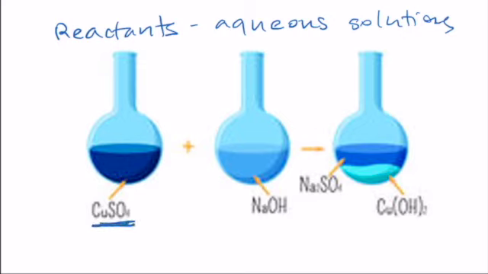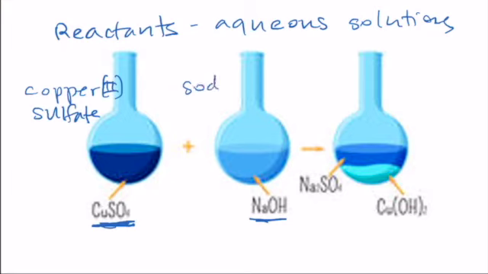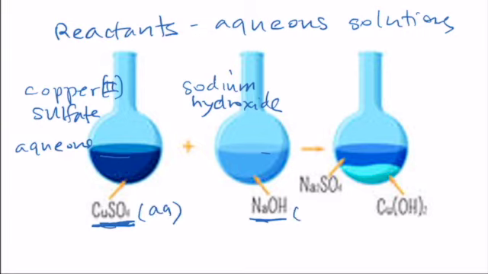That's copper sulfate, or copper(II) sulfate actually, as the chemical name, and this is NaOH, so this is sodium hydroxide. And both of these are dissolved. You can see that even though it's bluish, there's no solid in there. So these are aqueous solutions, and this could be written as (aq) after each of those.